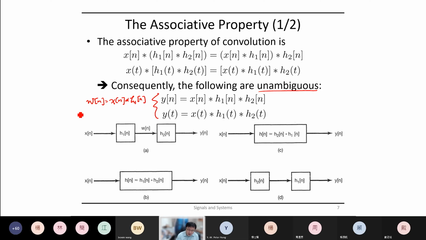Now y[n] is the convolution of w[n] and h2[n], and w[n] is this thing above.